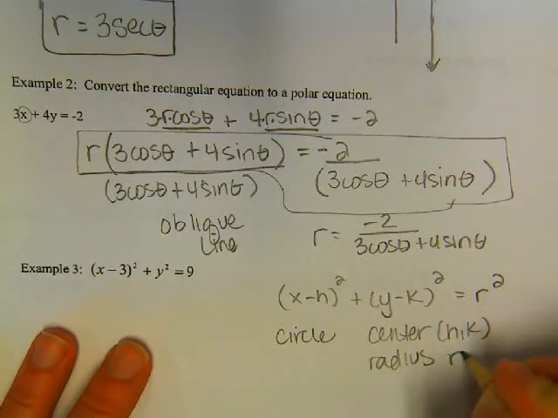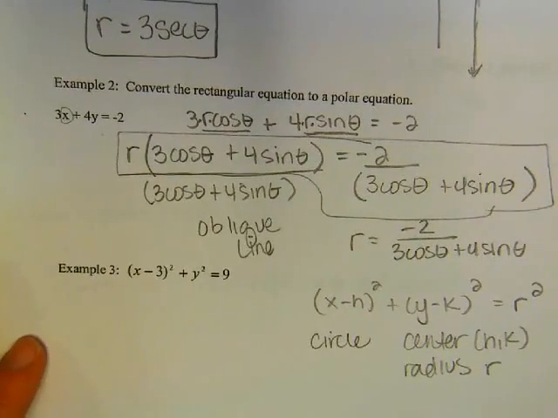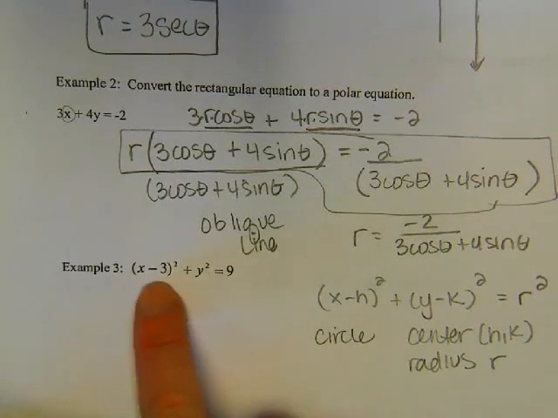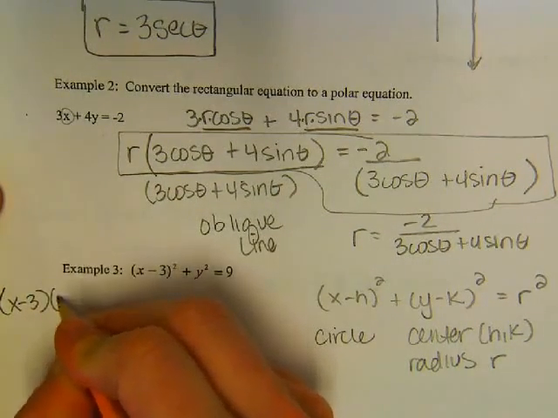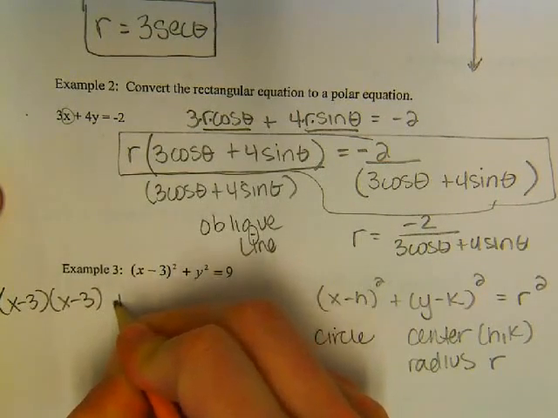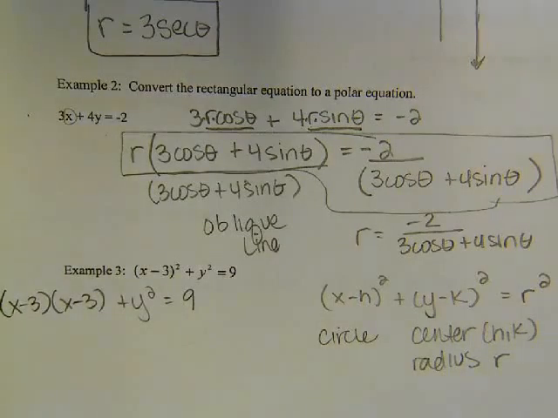Okay, so on this one, I'm going to try to use the conversion x squared plus y squared. Above, what does it say x squared plus y squared equals? Yeah, so in order to do that, I need to expand this. Would you do that for me, please? Would you multiply out x minus 3 times x minus 3?